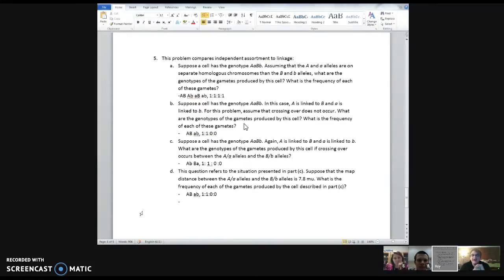Because 7.8 is really 0.078, that's the probability to have that crossover happen. Which means if you do 1 minus 0.078, that gives you a 92.2% chance that it will stay linked with big A and big B and little a and little b. Does that make sense?